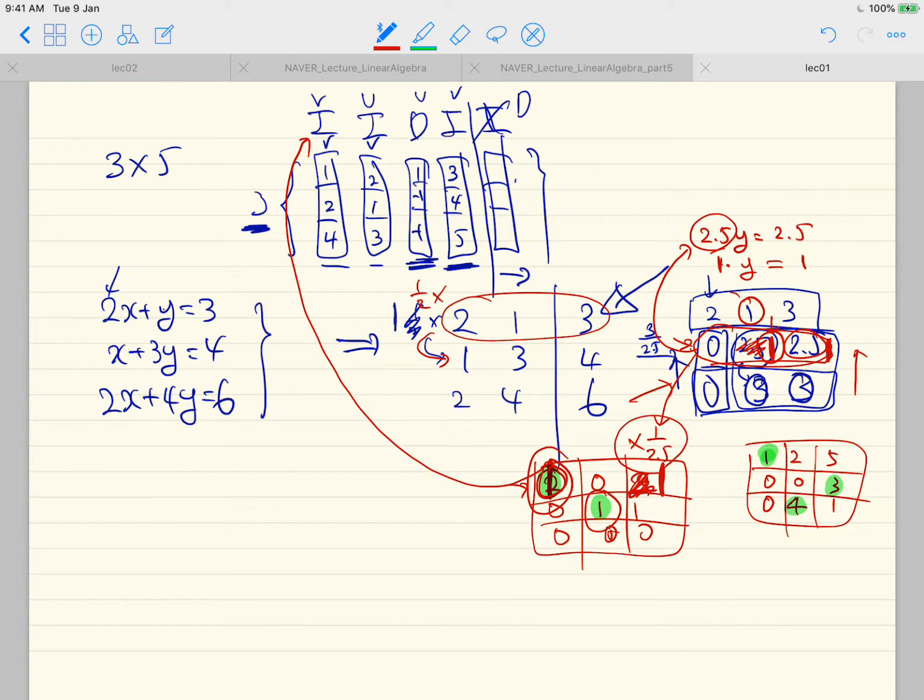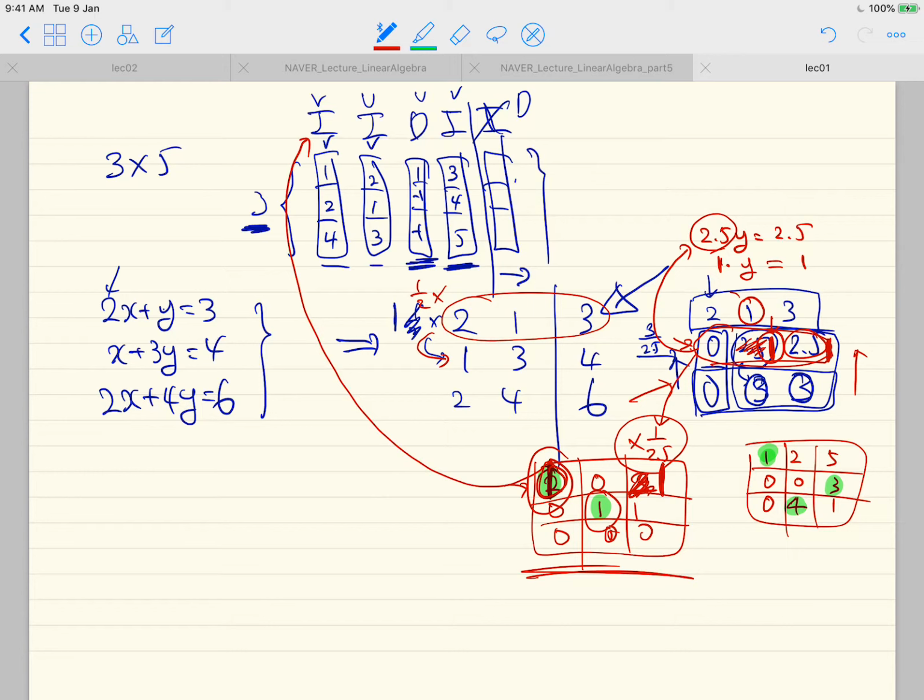But this row reduction, or this Gaussian elimination, is actually directly related to whether each column is linearly independent or dependent. Okay, so yeah, let's check this result from purely looking at the columns of this matrix.